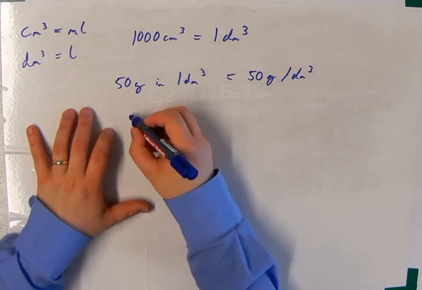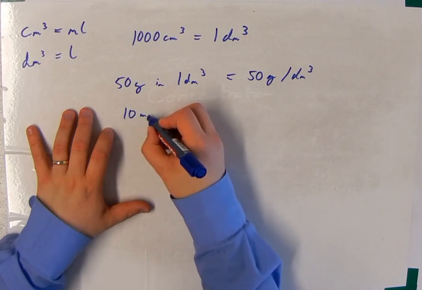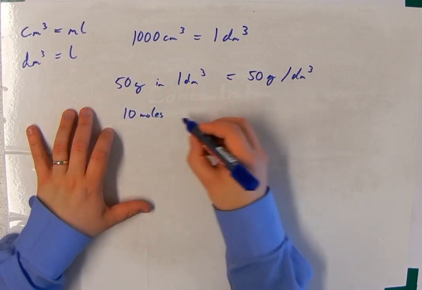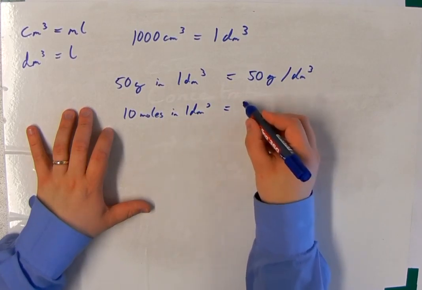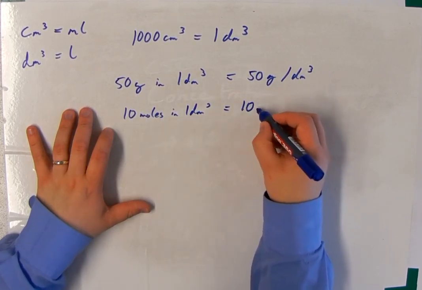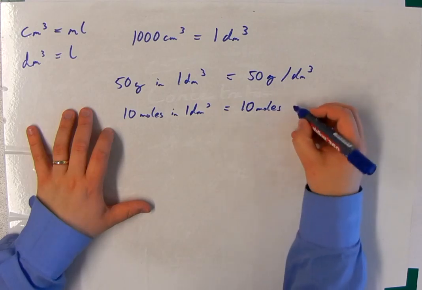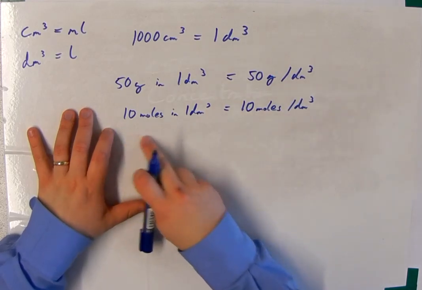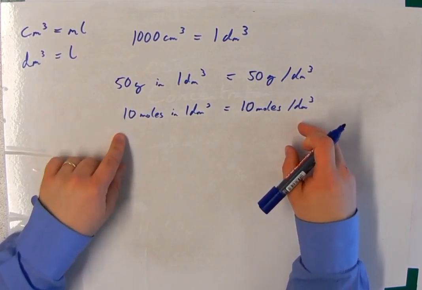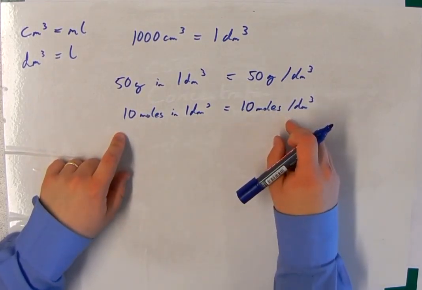Likewise, 10 moles in 1 decimetre cubed is 10 moles per decimetre cubed. This is what you tend to see more often in chemistry, moles per decimetre cubed.